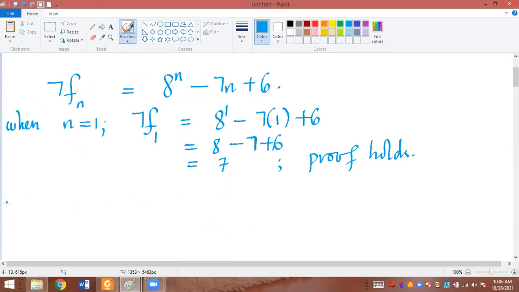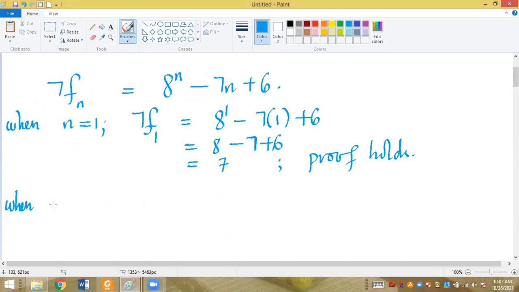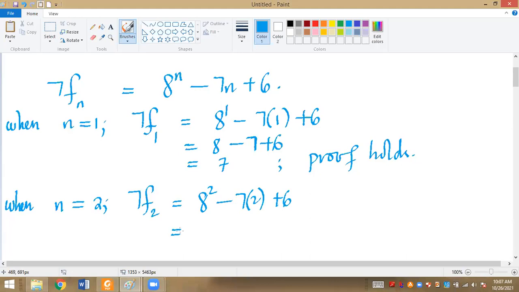What about when n is equal to 2? You will have 7 f of 2 equal to 8 squared minus 7 into 2 plus 6. What is that one equal to? Let's submit in the chat. If you've got it, what is that one equal to? 56.